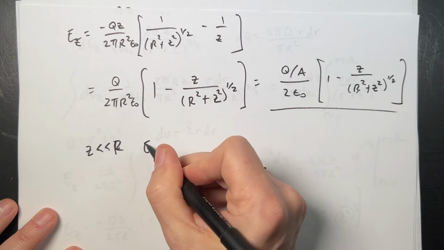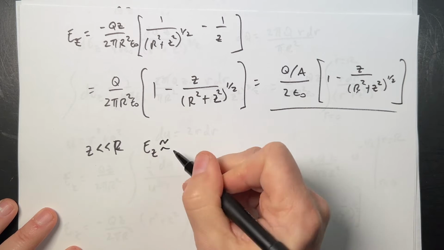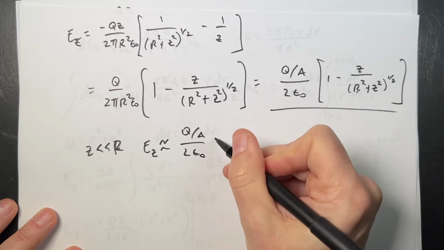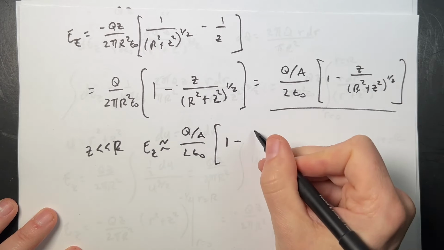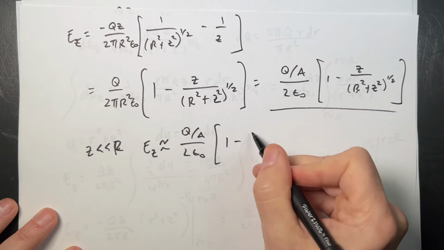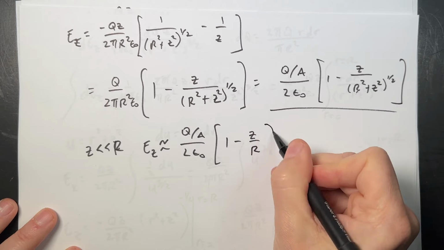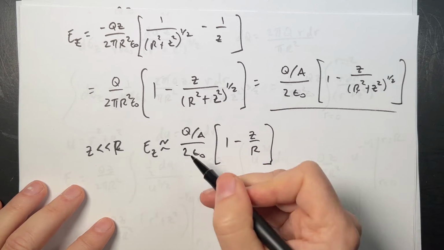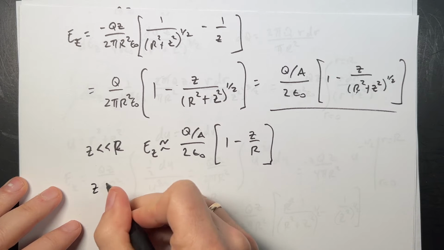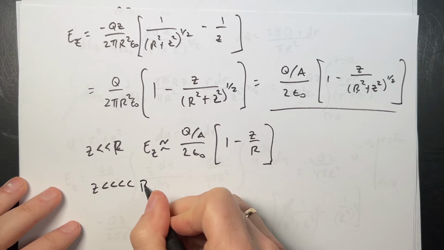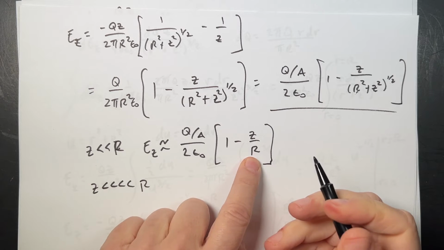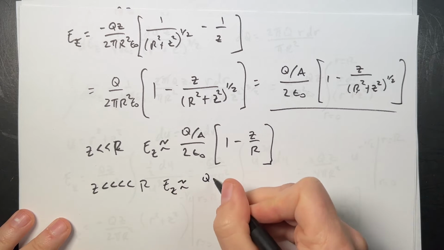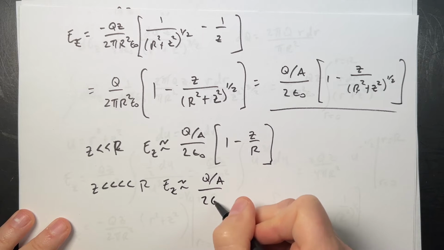So Ez is approximately equal to q over a over 2 epsilon naught times 1 minus z over r. And if z is much less than r, then z over r is approximately 0, and I get E z approximately q over a over 2 epsilon naught.